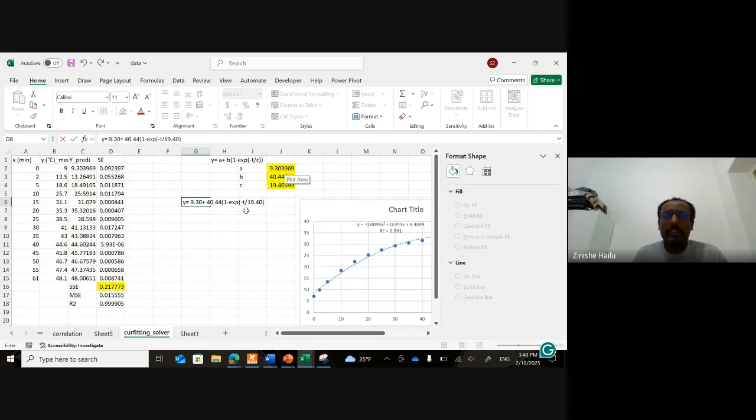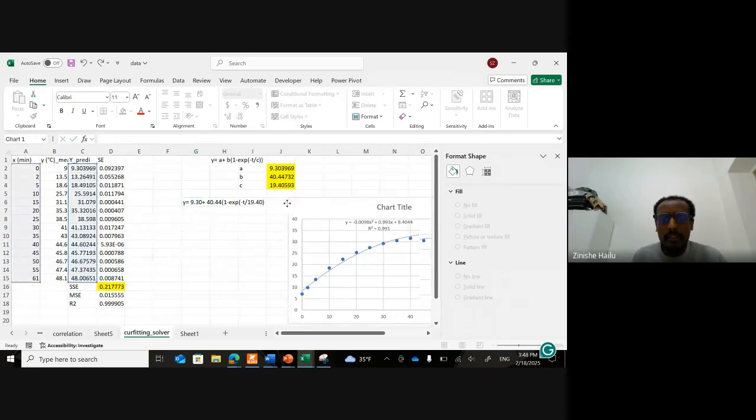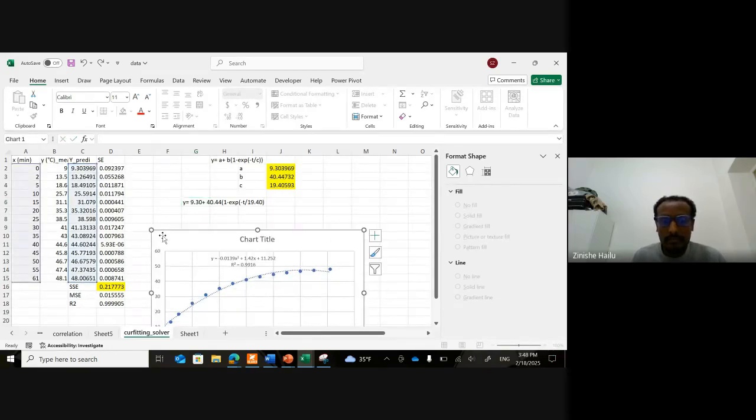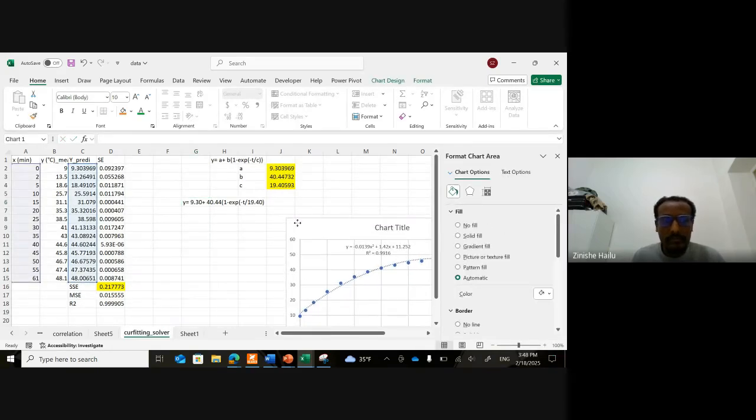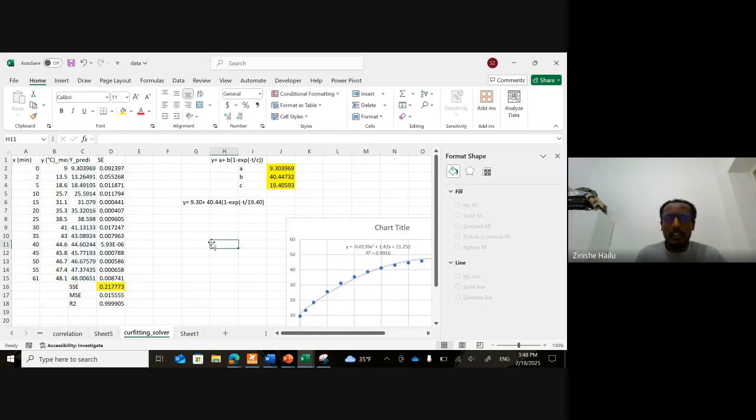So with this, this is the optimized function to get 99% curve fitting for this. So this is for non-linear by solver. You can minimize the error by optimizing the variables. This is another mathematical approach.